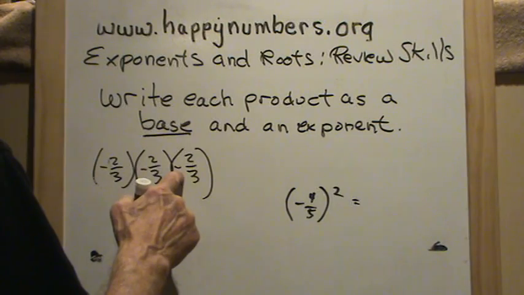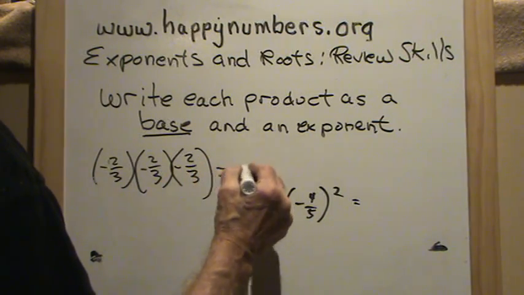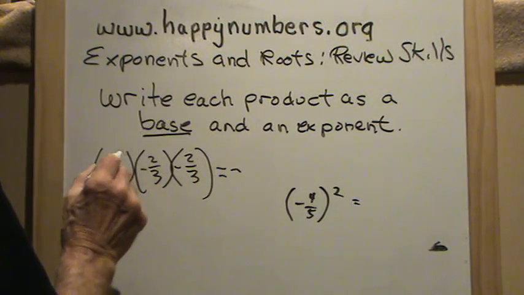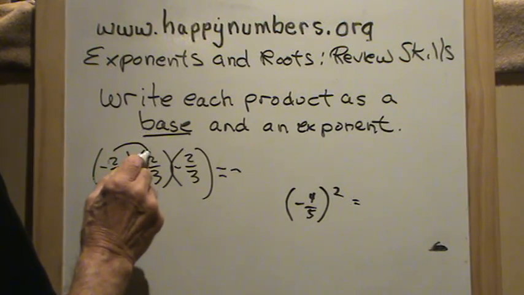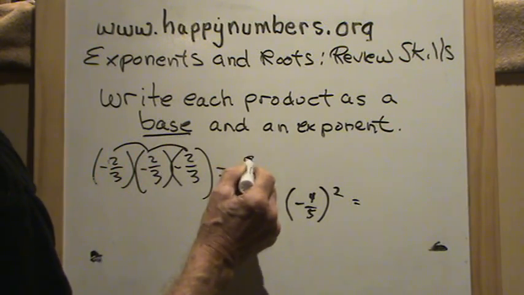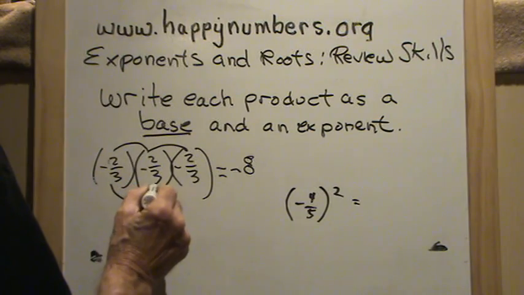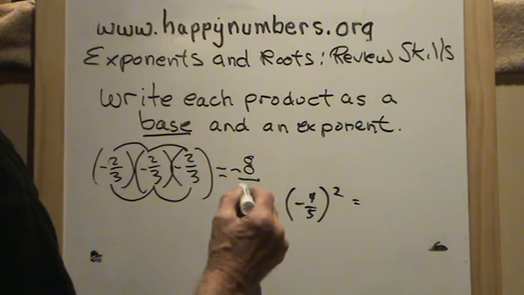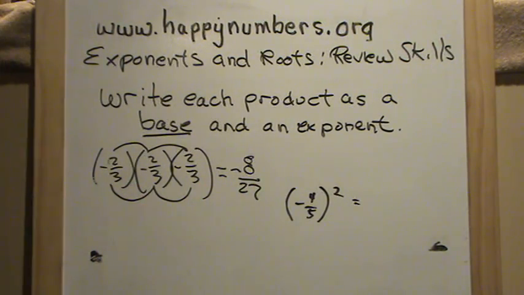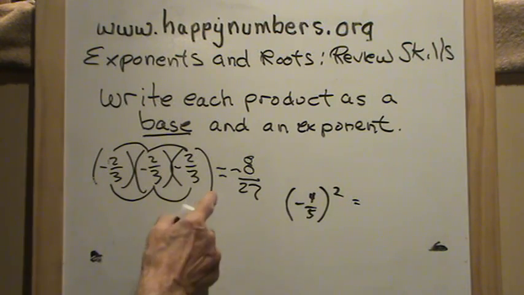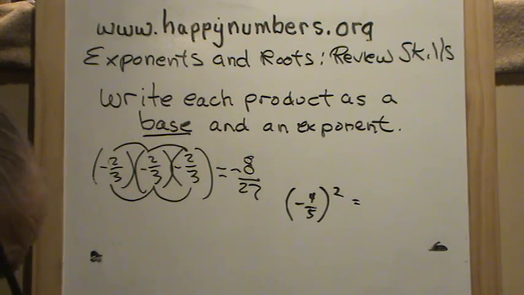Positive times a negative will give me a negative. So I know my answer is going to be negative. And now I do the multiplication. 2 times 2 is 4, times 2 is 8. 3 times 3 is 9, times 3 is 27. And so my answer is negative 8/27.